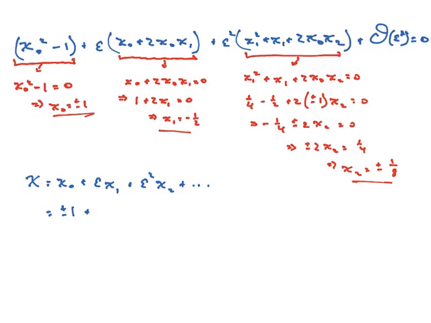Epsilon x1 is minus epsilon over 2. And then we've got plus epsilon squared x2, and x2 is plus or minus 1/8, so this is actually plus or minus epsilon squared over 8, and then dot dot dot. That's our answer.